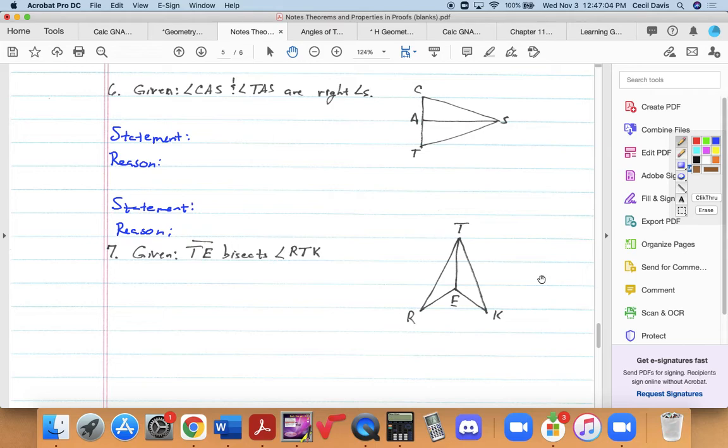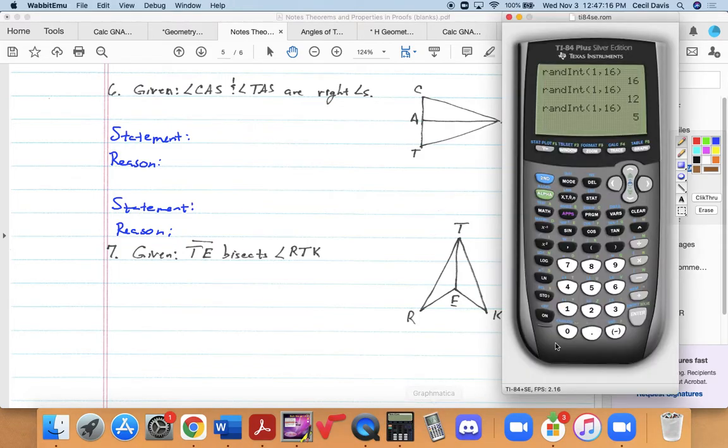Because you did the same statement and the same reason. You did the same thing twice. That's a problem. You did the same thing twice. That's a problem. All right, let's see who we're going to pick on this time.